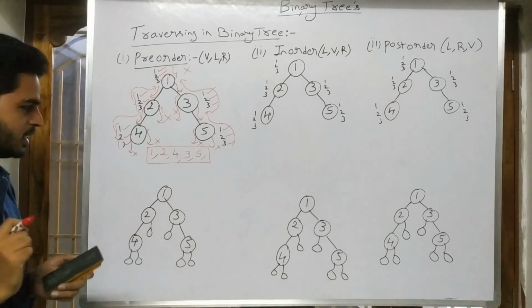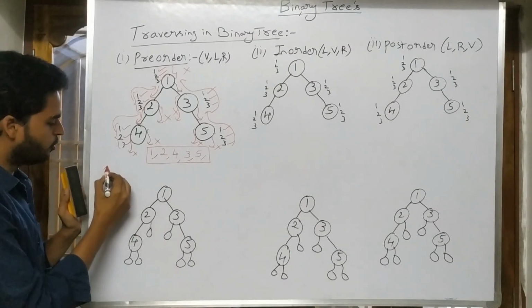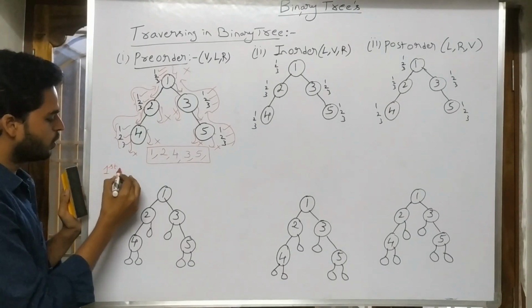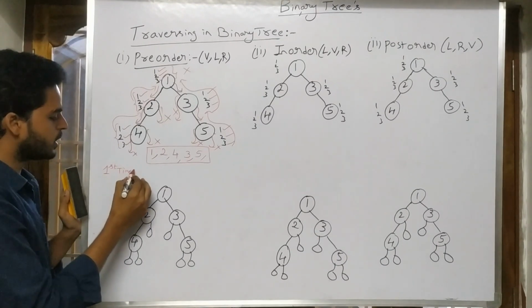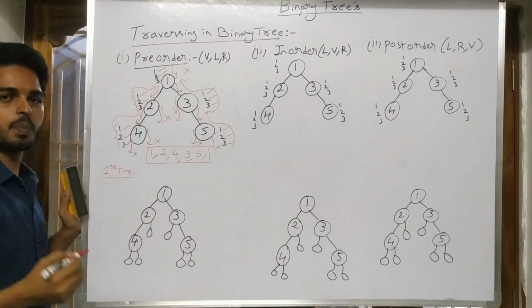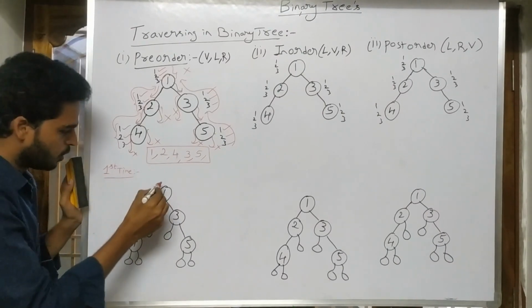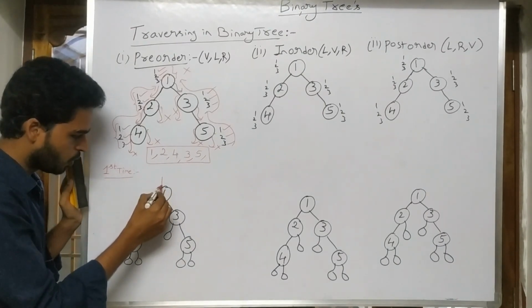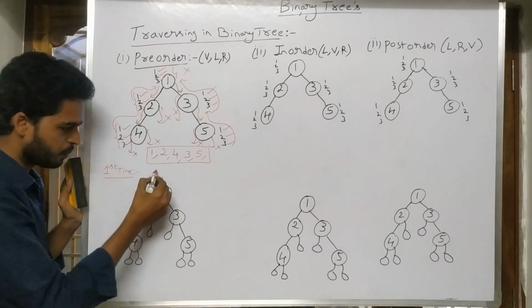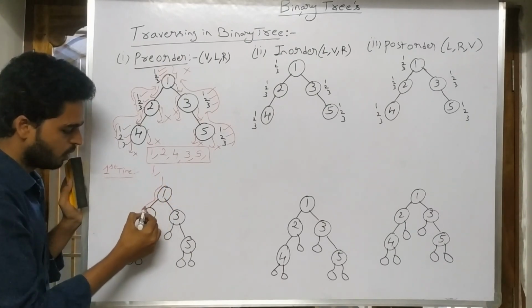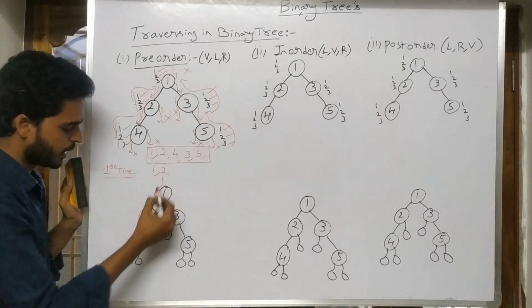Simple shortcut here is, we are going to visit every node for the first time and print the data. Whenever you visit a node for the first time, we will print directly. We will start traversing from the root node. We are visiting for the first time. 1. We are visiting for the first time.